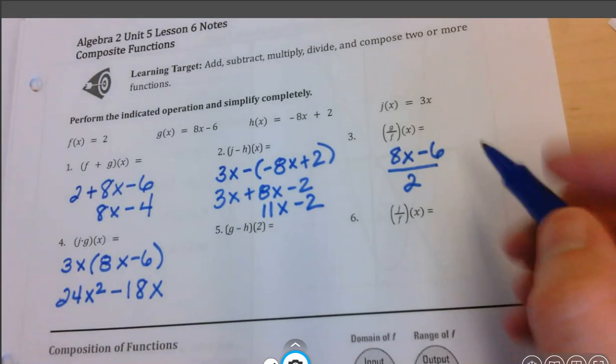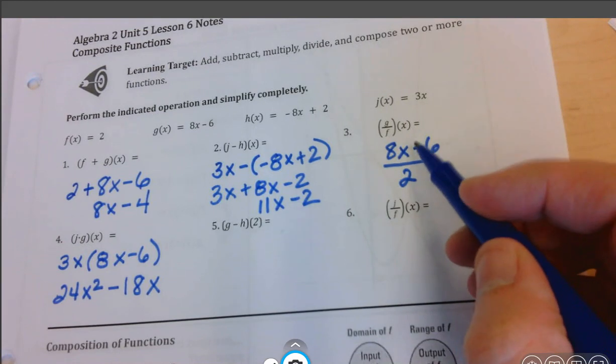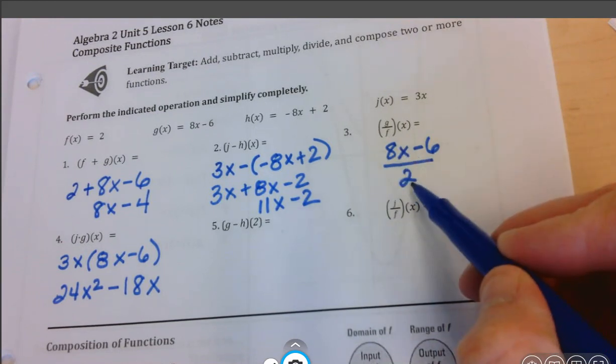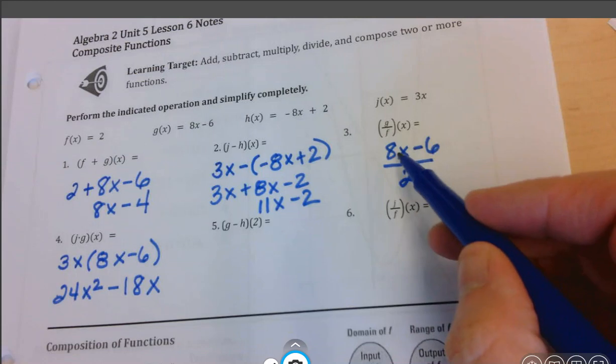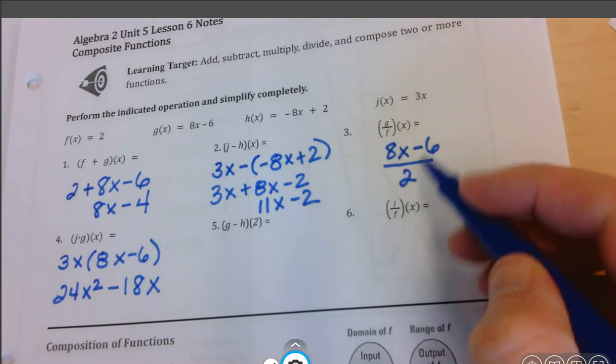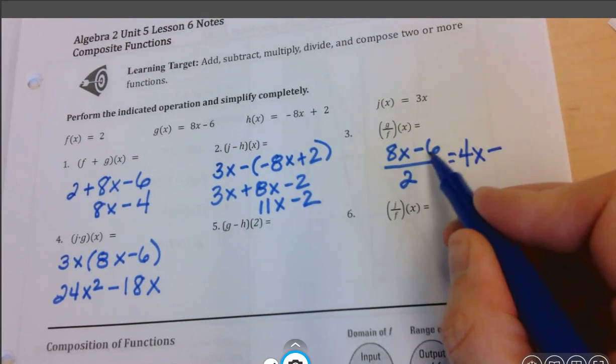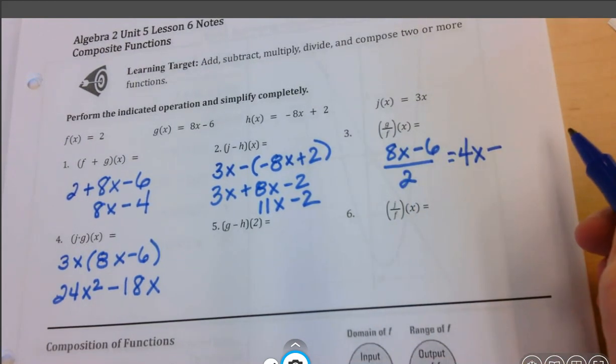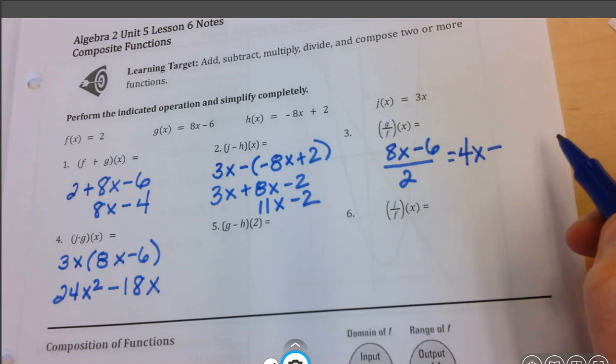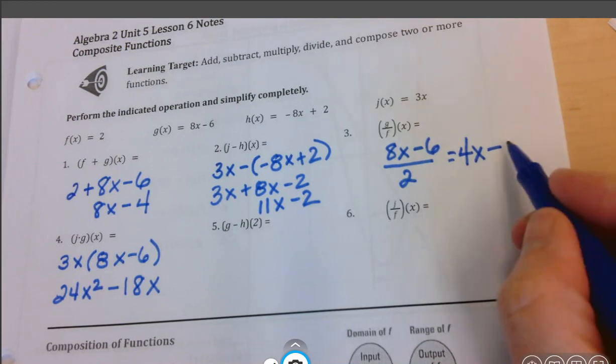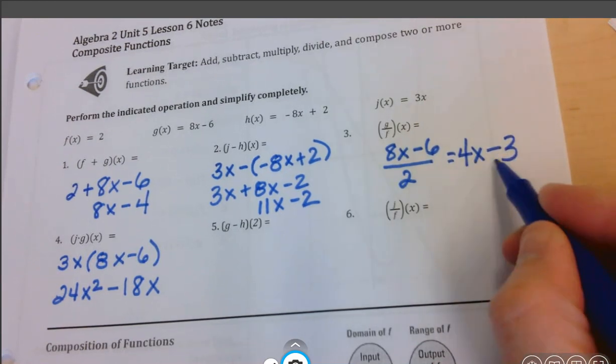But help me with that, okay? Because I know you can do this. Then what did you get for 8x divided by 2? 8 divided by 2? Oh, I'm sorry. Good. All right, 4x minus, and then 6 divided by 2? Yeah. So 4x minus 3.